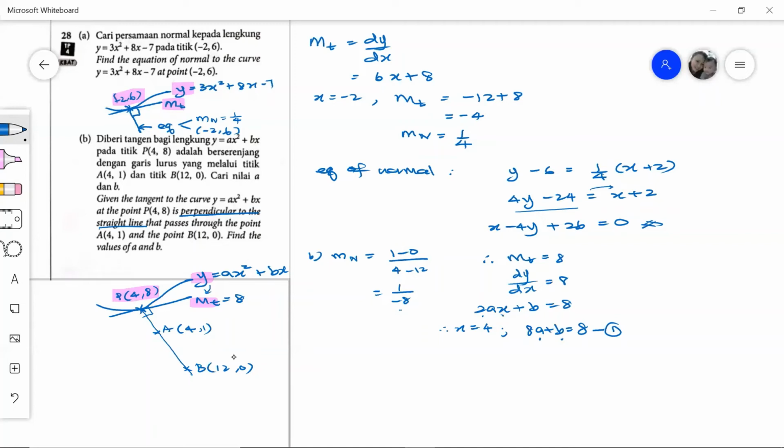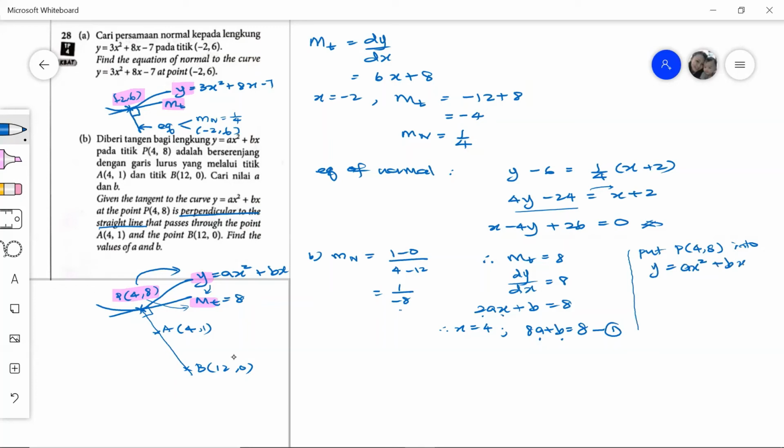Where's the other equation? Remember, I can substitute this point into the curve. I can also substitute this point into the gradient function, right? That's why I say that they are interrelated. So now let's substitute the point P (4, 8) into the curve y equals ax squared plus bx.